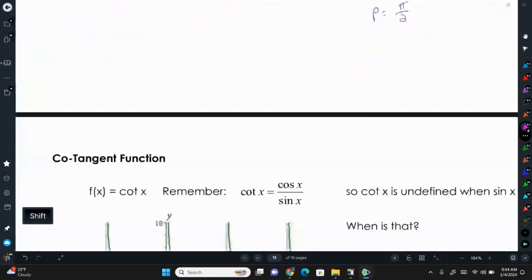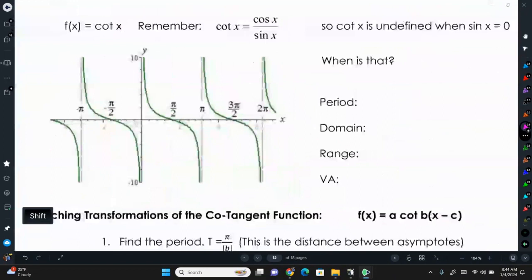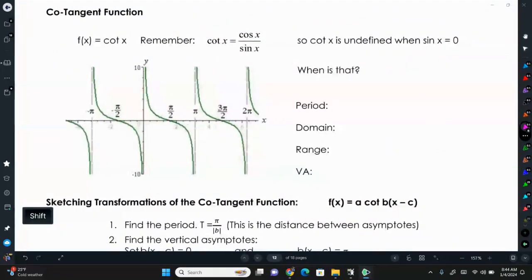All right, now if we look at the next page with the cotangent function, you may look at that and say, well, it just looks like a reflection of the tangent one, or it looks like a negative tangent function. However, the difference is, since sine is in the denominator, whenever sine is equal to 0, that is when we have our vertical asymptote.